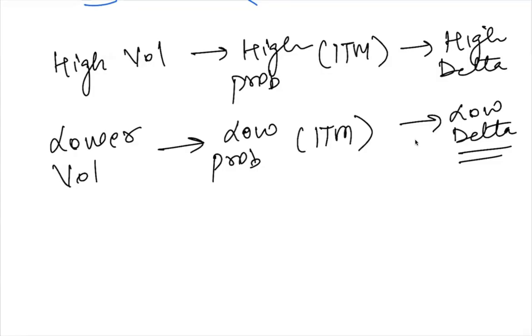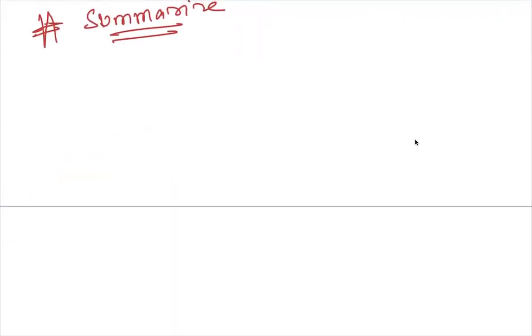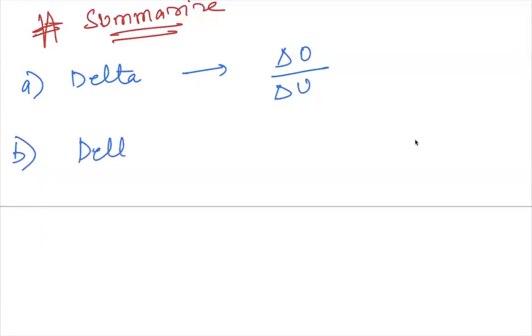Okay. So let me summarize delta again. First, what does delta measure? Delta measures the change in option price with respect to change in the underlying asset. First concept. Then delta is positive for a call option, and when I say call, I mean long call.